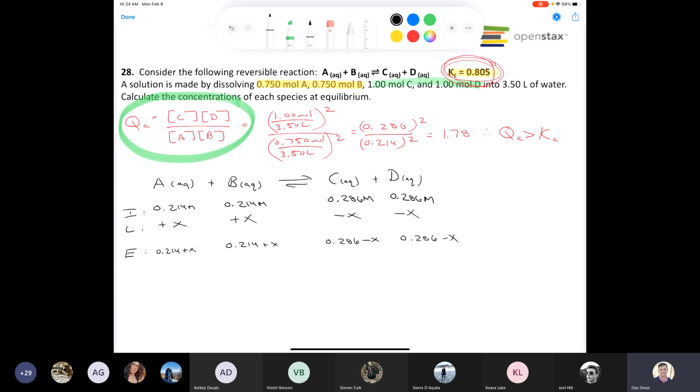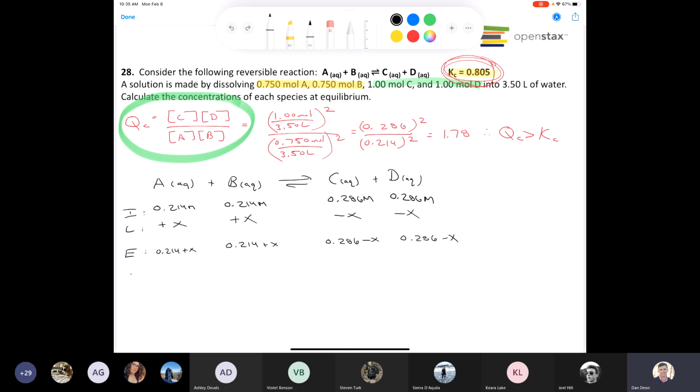Like that. All we have to do now is solve for x. Once we have x, we have an expression to figure out what the concentrations of A and B will be. We add 0.214 to it, and we subtract x from 0.286, and we'll know the concentrations of both C and D. I'm going to leave out the units because we're not going to use them anyway.